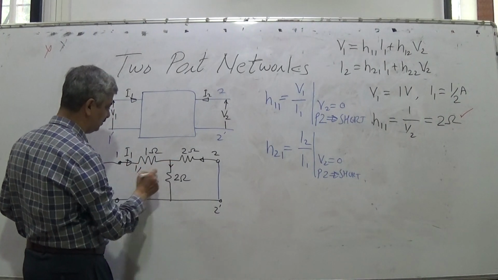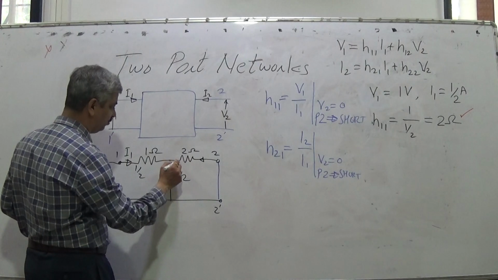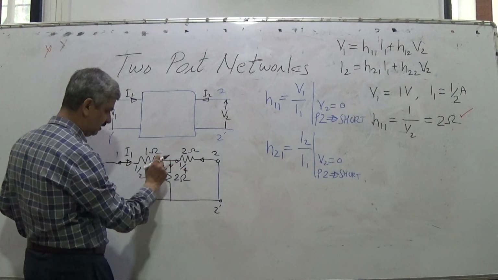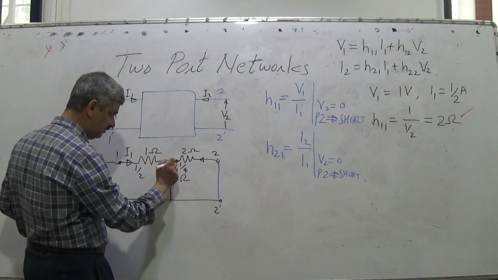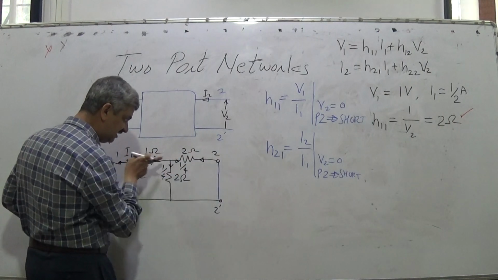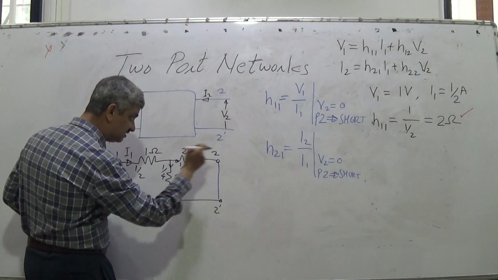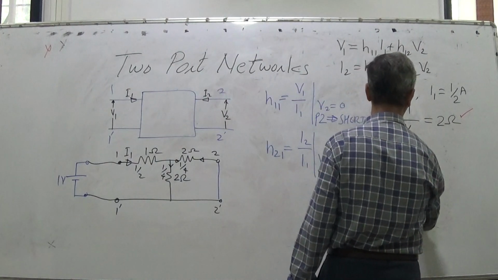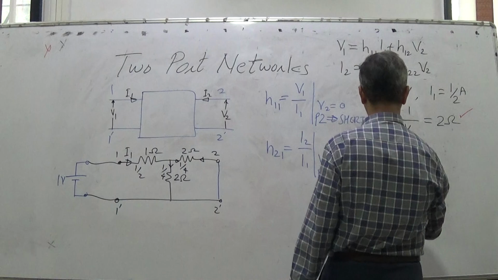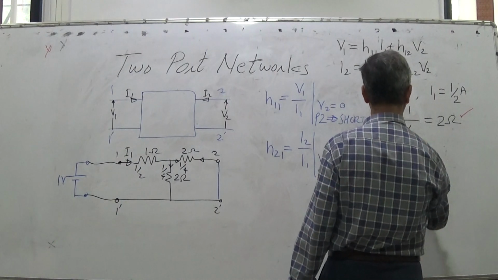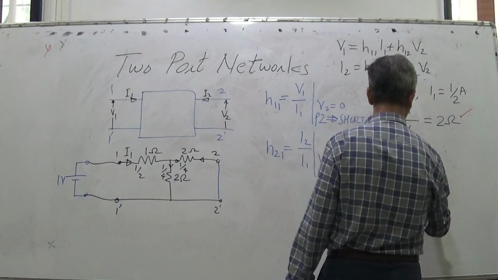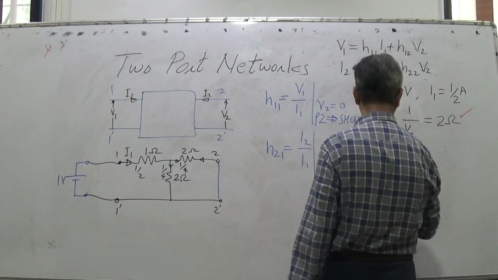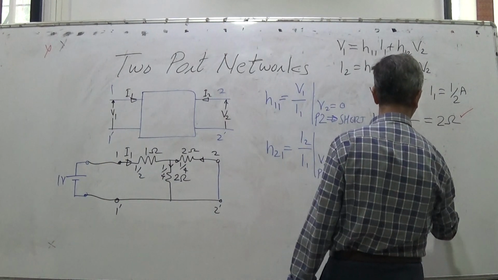I1 is half ampere, so 1/4 ampere will go here, 1/4 ampere will go here. So current in this direction is 1/4. I2 is this, so I can say I2 is equal to minus 1 by 4. So H21 is equal to I2, that is minus 1 by 4, upon I1, that is half.